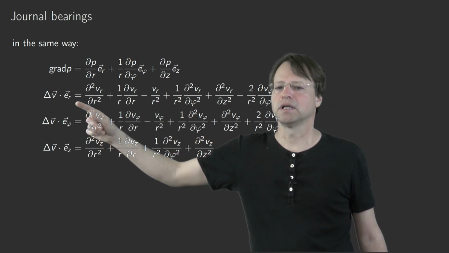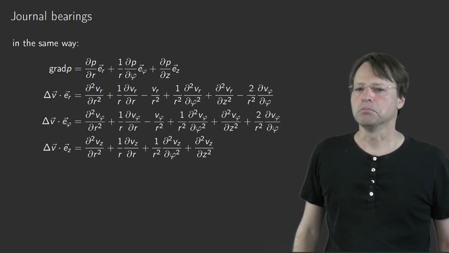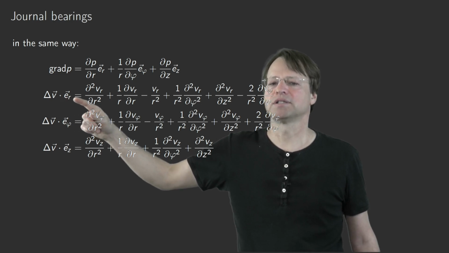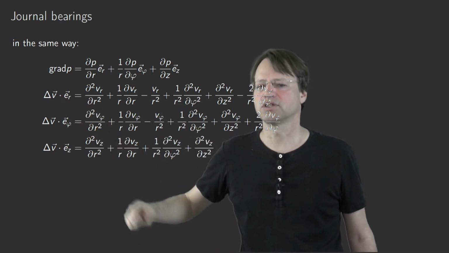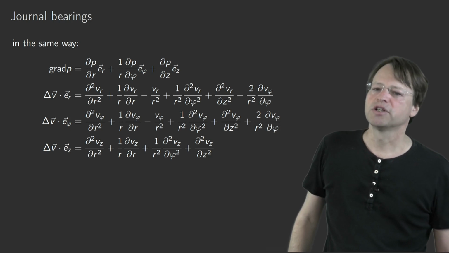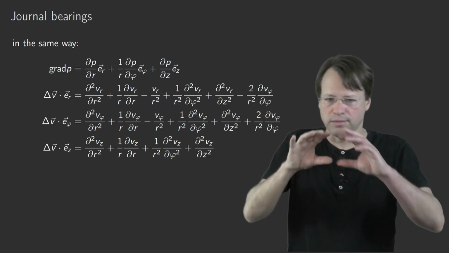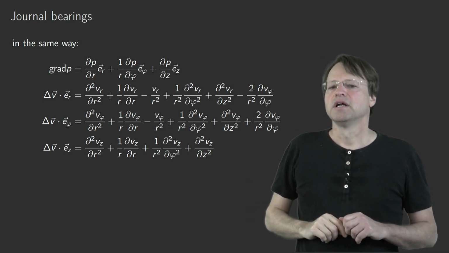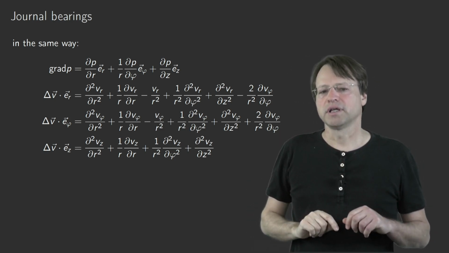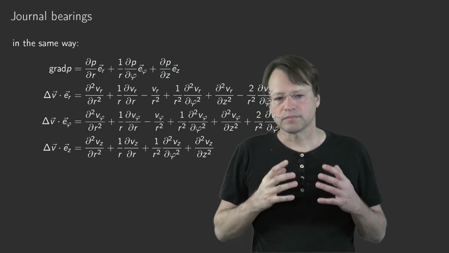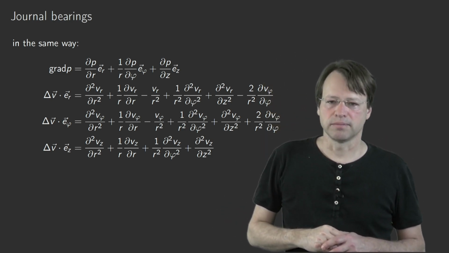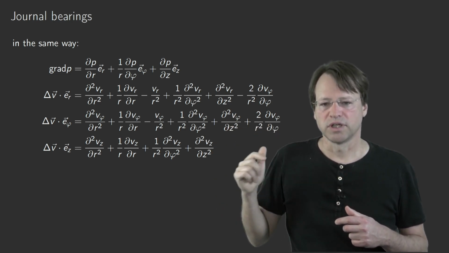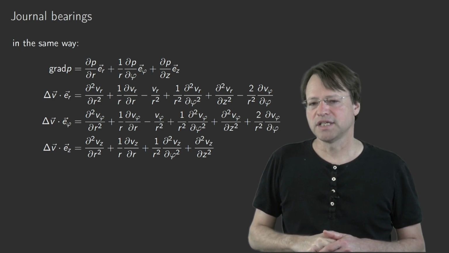And for the Laplacian, the result is even more involved. What you can see here is just the projection of that Laplacian in a radial direction, in circumferential direction, and in z direction, which indicates the three Navier-Stokes equations you will get in cylindrical coordinates from the balance of linear momentum. We will consider the Navier-Stokes equation in radial, in circumferential, and then in z direction.